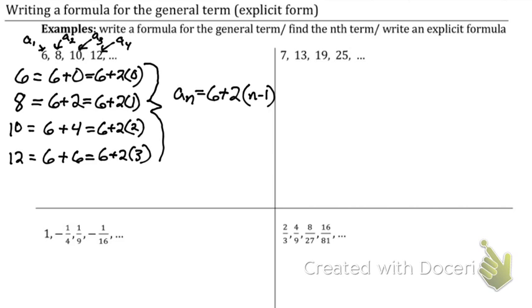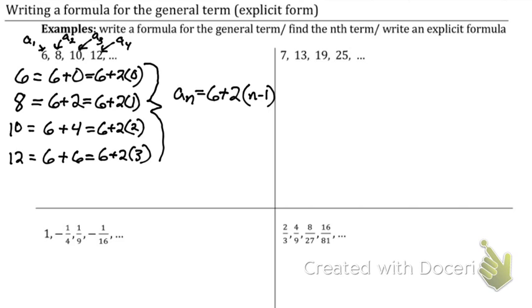It's always a good idea to check it. I said my third term should be 10, so when I replace all those n's with 3, I should get 10 out. So 3 minus 1 is 2. 2 times 2 is 4, plus 6 is 10. If I plug a 4 in for this n, 4 minus 1 is 3. 3 times 2 is 6. 6 plus 6 is 12.